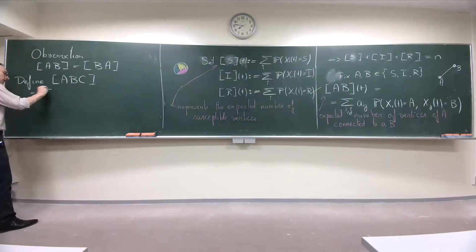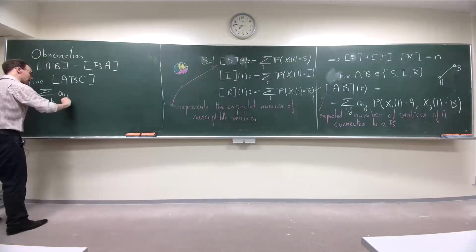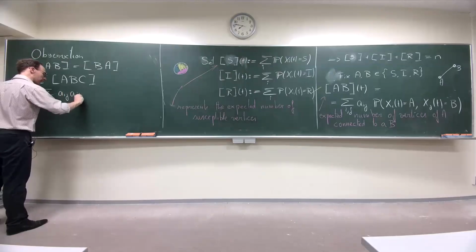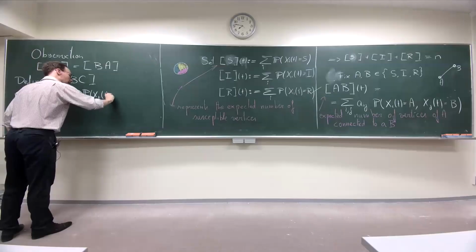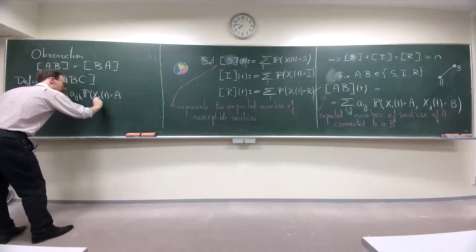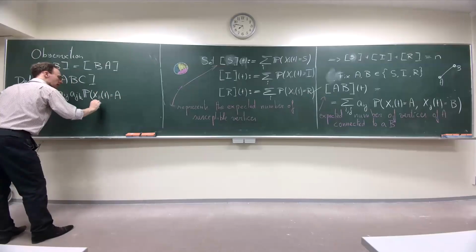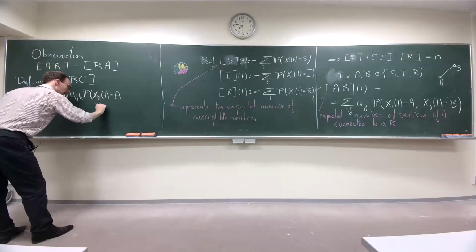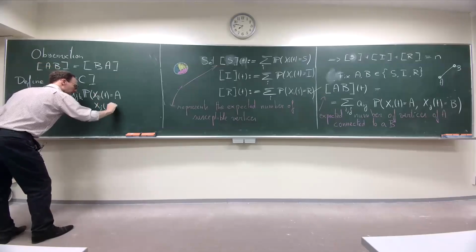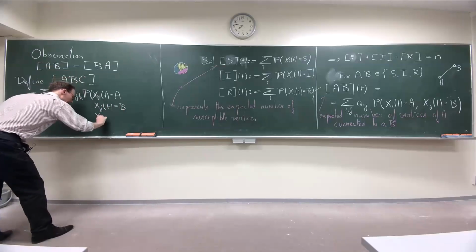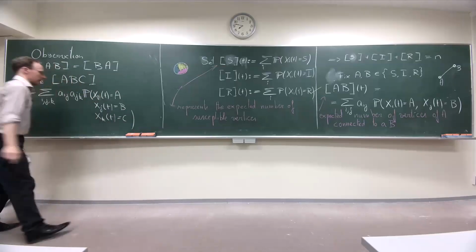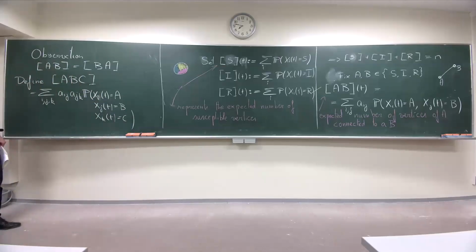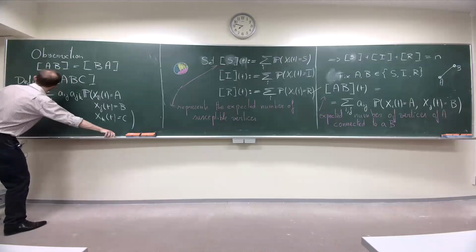It's the sum over i, j, k of A_ij A_jk times the probability that x_i at time t is in the state A, x_j is in the state B, x_k at time t is in the state C. Right? And they are connected, but be careful now.